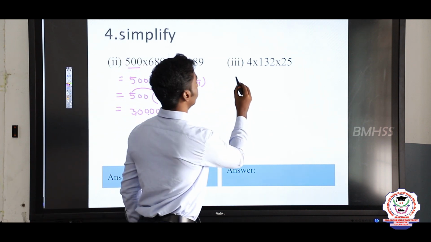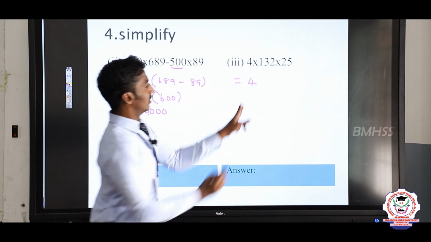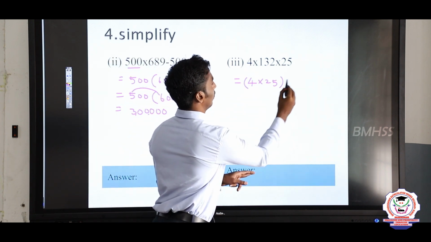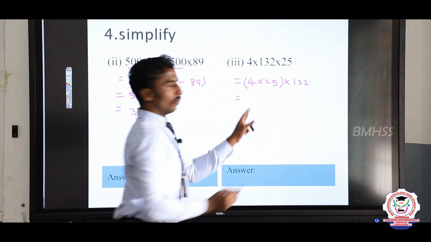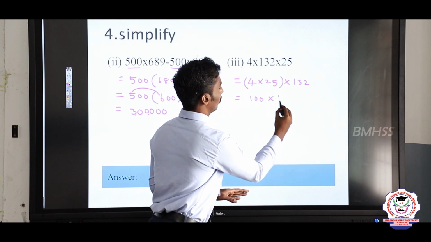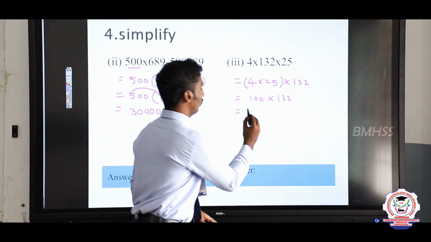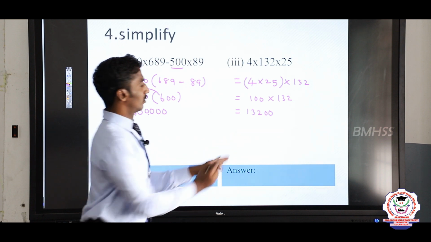Second one, 4 into 25 into 132. 4 into 25 we get 100, 100 into 132, 13,200.